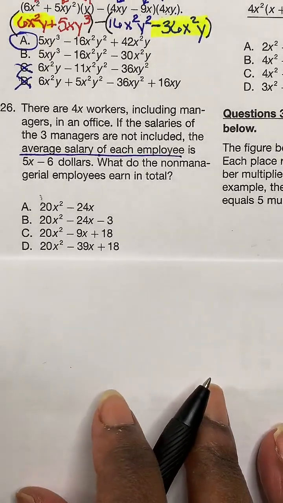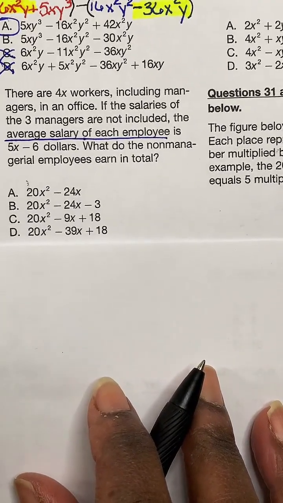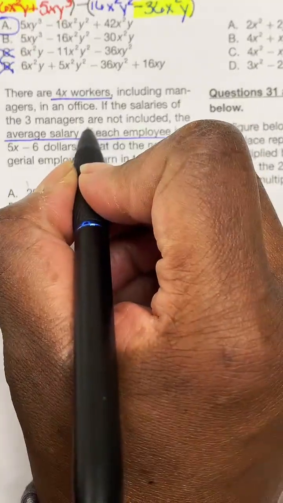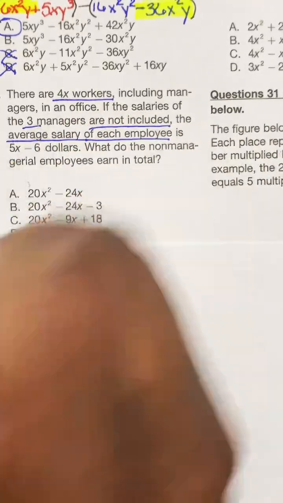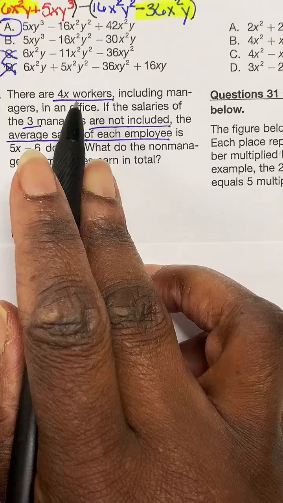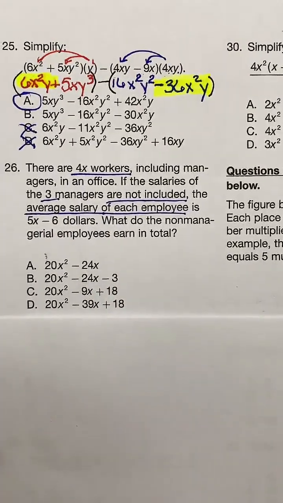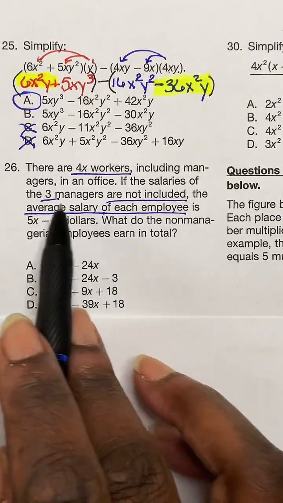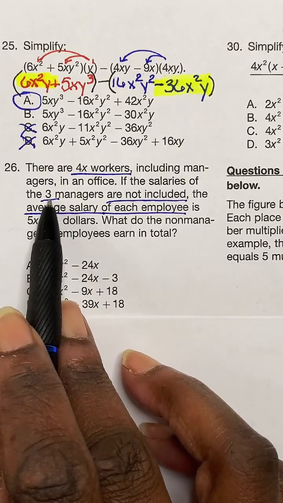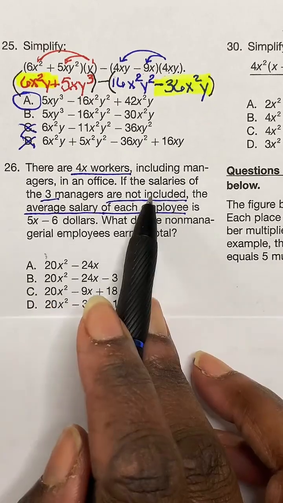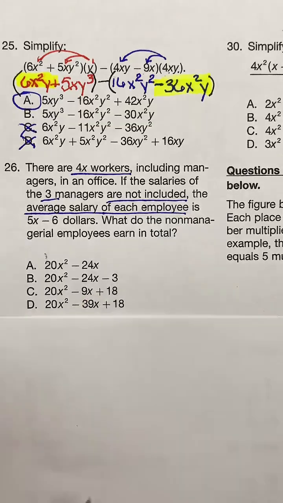When they start talking average, we have all of the workers, not including these 3 managers, because for some reason these 3 managers are not included.